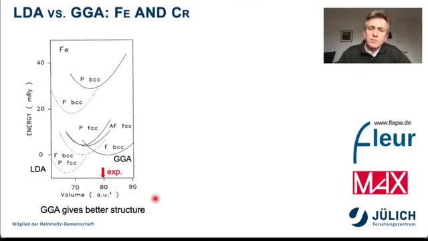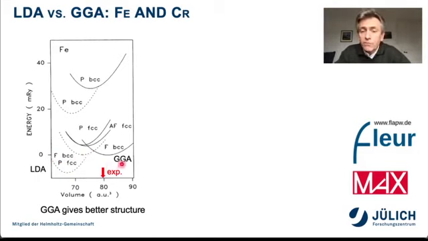Let me show you a little bit the difference between LDA and GGA in two examples. The first one is iron, which was one of the big improvements that GGA made over LDA. In LDA, these are the dashed lines here. The ground state was predicted to be FCC iron and paramagnetic, but we all know that iron is ferromagnetic and BCC, and this was higher in energy.